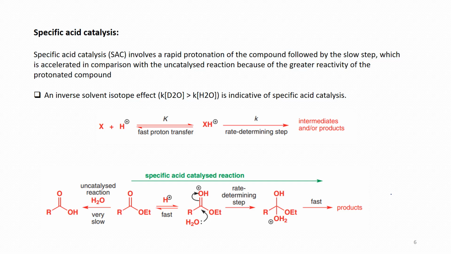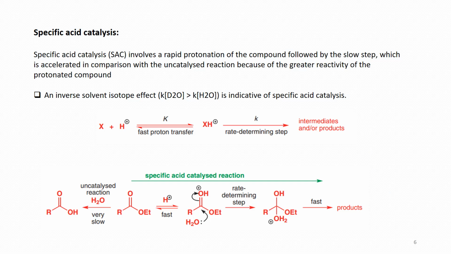So today's topic is where we will discuss different types of catalysis. Initially, last week we just started with acid and base catalysis and how the pH will affect the reaction, where the reaction is acid catalyzed and where the reaction is base catalyzed.